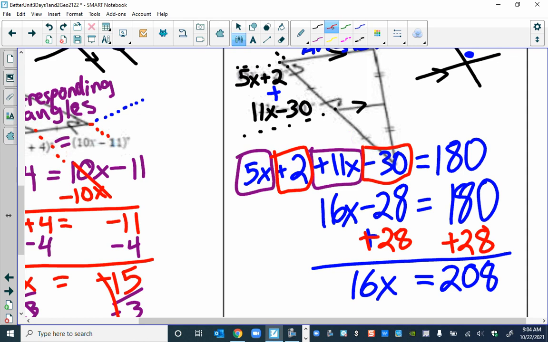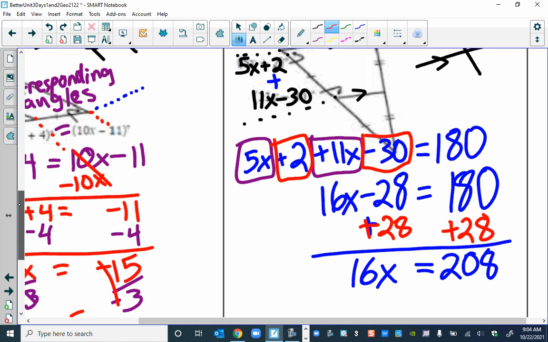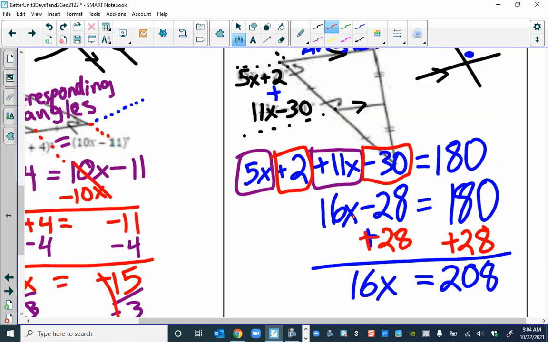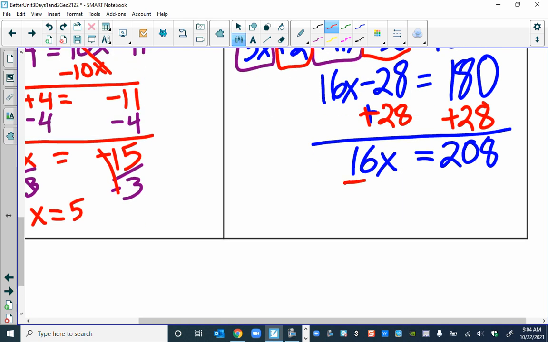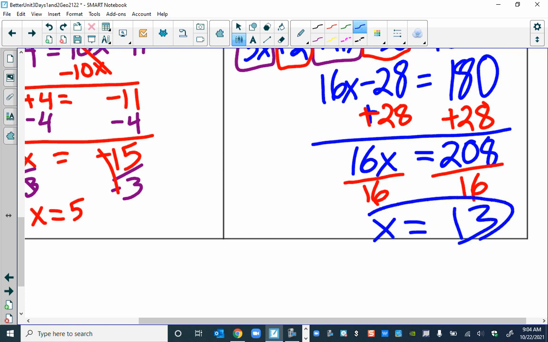We'll divide by 16. It will be 13. Very good. All right, questions on that problem? All right, there you go. Questions on that problem? Again, this is going down memory lane.